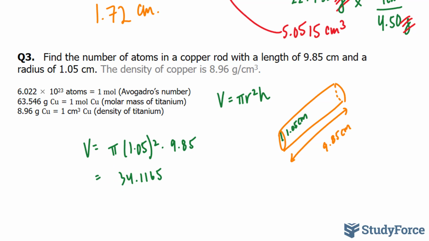And we will be taking into account significant figures. We are working with 3 significant figures here, so our final answer should also have 3 significant figures. Although I don't want to start rounding right now because there are a lot more calculations left. I'll put a dot underneath the last significant number. And the units for volume here are centimeters cubed.